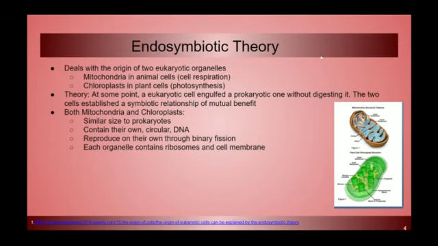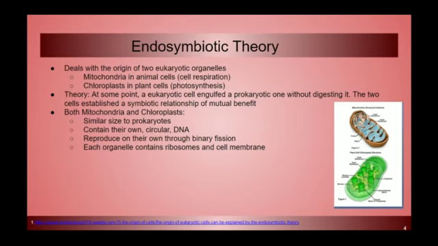And what that means is that you'll find these two eukaryotic organelles, the theory says, were actually very similar and possibly were once prokaryotic organisms themselves, so single cell organisms themselves.